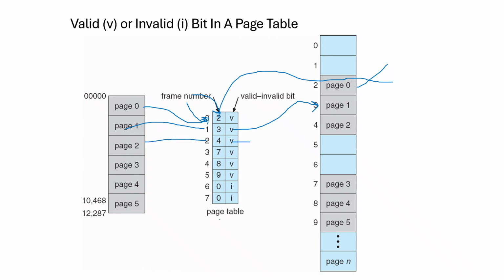Page 2 is in frame 4, and it is valid. Like that, all these pages up to 5 are valid, and there are no 6th and 7th pages. They are not yet loaded and not currently used by the CPU. This is denoted by the invalid bit.